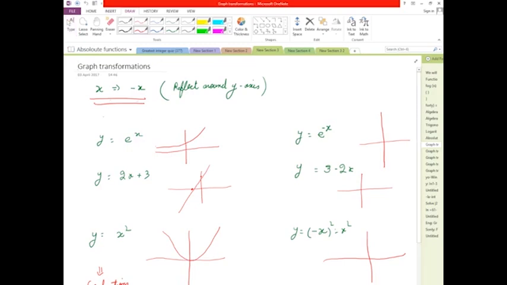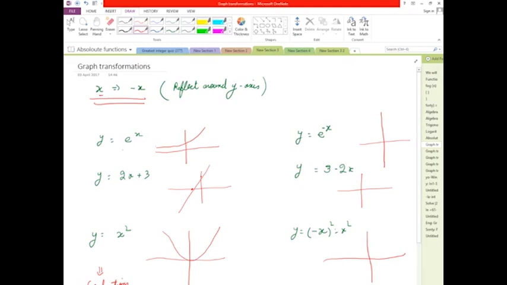So, first, graph transformation. Graph transformation is basically how we create a different graph from what we have. So if you change x to minus x in the function, then you just need to invert the graph around the y-axis. Whatever was on the right hand side of the y-axis, create it on the left hand side. Whatever was on the left hand side, create it on the right hand side.